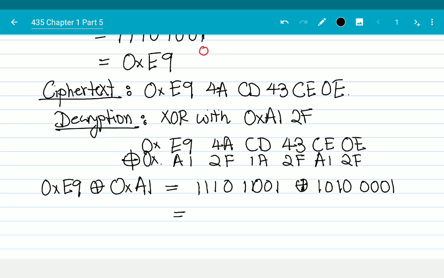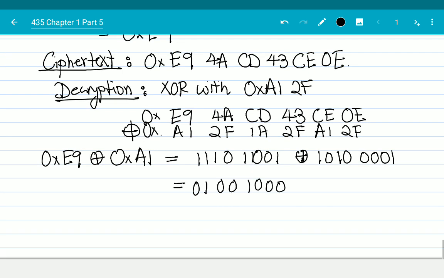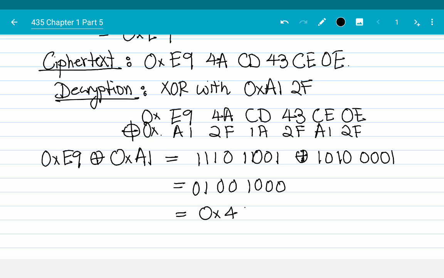Bitwise sum: 1 plus 1 is 0, 0 plus 0 is 0, 0 plus 0 is 0, 1 plus 0 is 1, 0 plus 0 is 0, 1 plus 0 is 1, 1 plus 1 is 0, 0 plus 1 is 1, 1 plus 1 is 0, which is exactly equal to 0x48, right? And so I would be able to decrypt my original message.